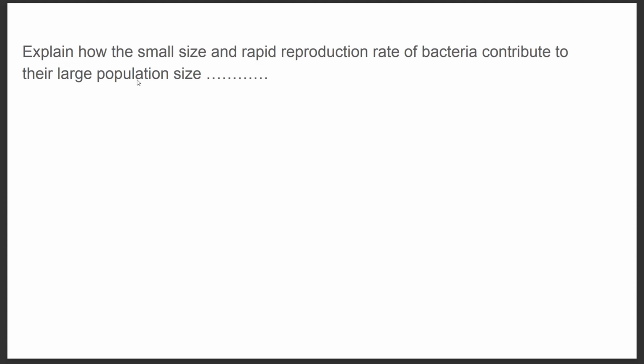Please try to write down the answer for this question. Copy down the question and write down your answer. You can find the answer from the parts that we did earlier. Structured essay question.